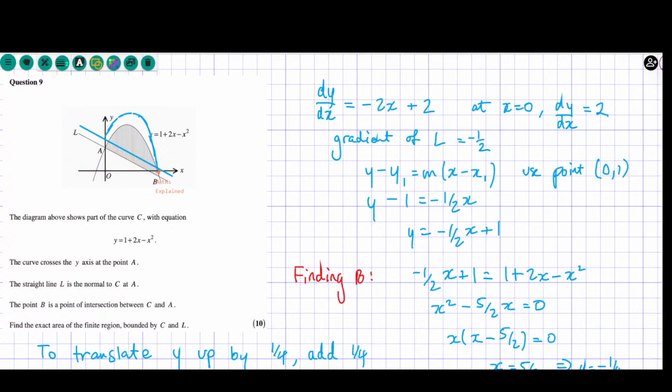So now this point here is 5 on 2, where they both cut the x-axis. And the shaded region will now be the area under the quadratic from 0 to 5 on 2, which is what we just found, subtract this triangle from 0 to 5 on 2.